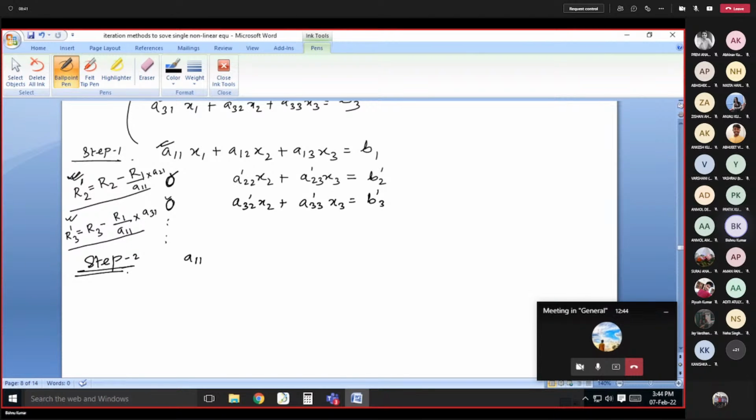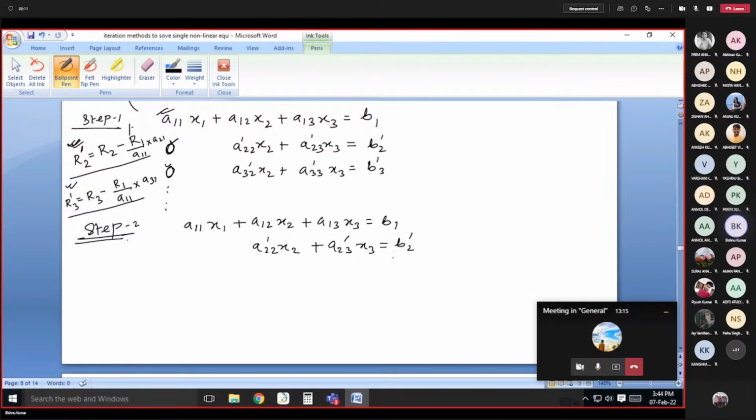So the equations become A11 X1 plus A12 X2 plus A13 X3 equals B1, and A22 dash X2 plus A23 dash X3 equals B2 dash.